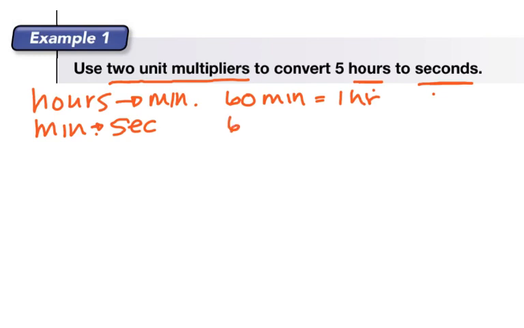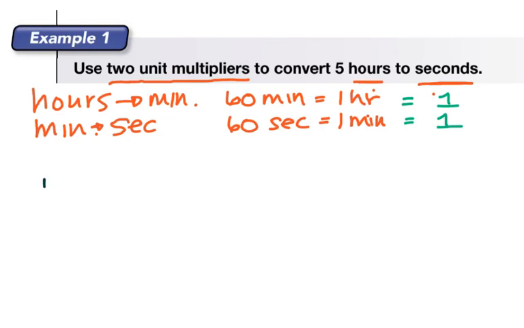We know that there are 60 seconds in 1 minute. Now remember, all we've done here is we're finding what equals 1, right? These are equal to each other. So we have found what our unit multiplier is going to look like. So now let's set up our problem.